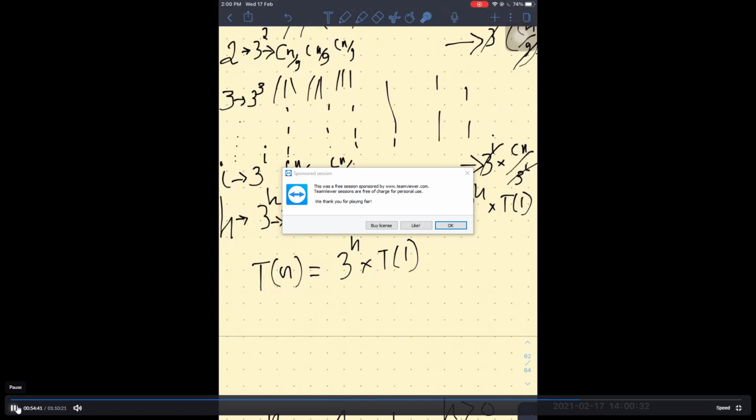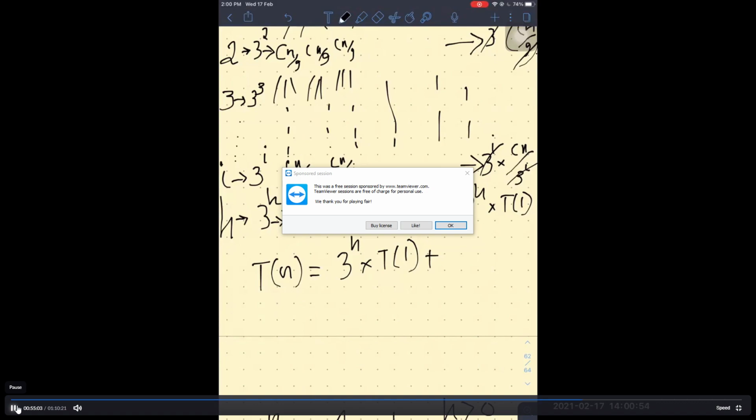Is it clear? Is that something we have to worry about right now? No, you just have to see how this recursion tree method works.